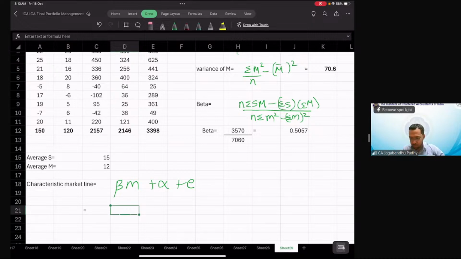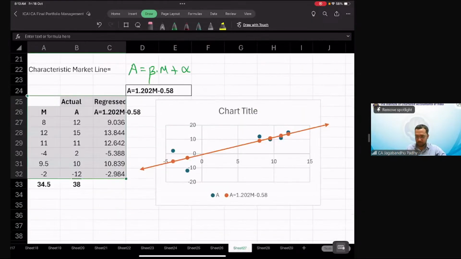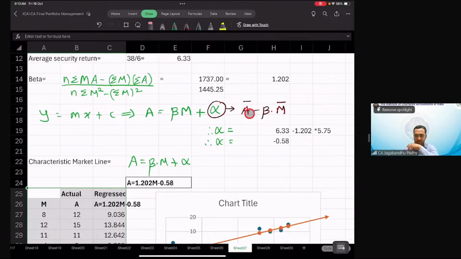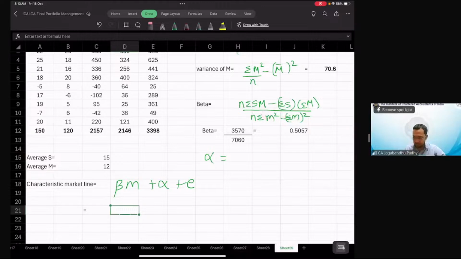So what is alpha? Remember the formula for alpha? Alpha was computed as A bar minus beta into M bar. So over here it will be S bar minus beta into M bar.